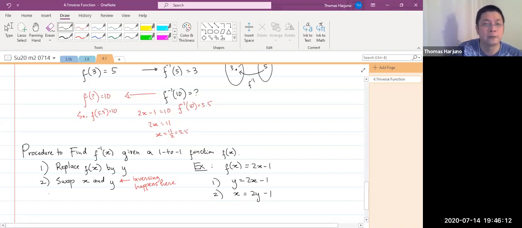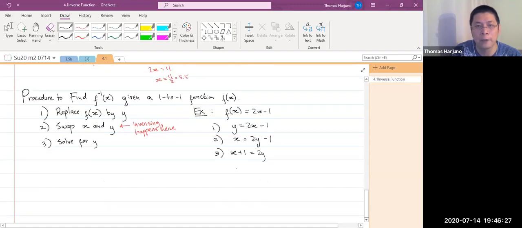Step 3, then we solve for y. So in step 3 here, I add 1 to both sides and then divide by 2 to solve for y.